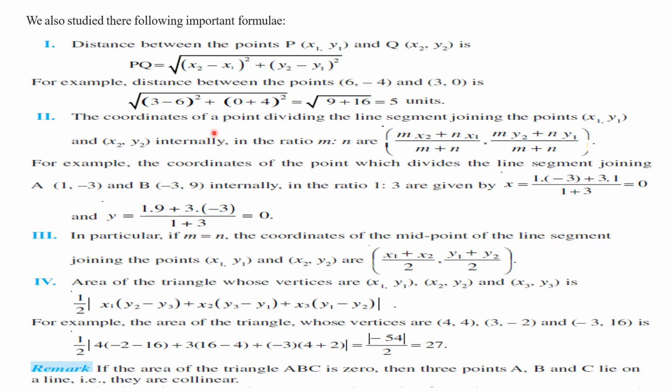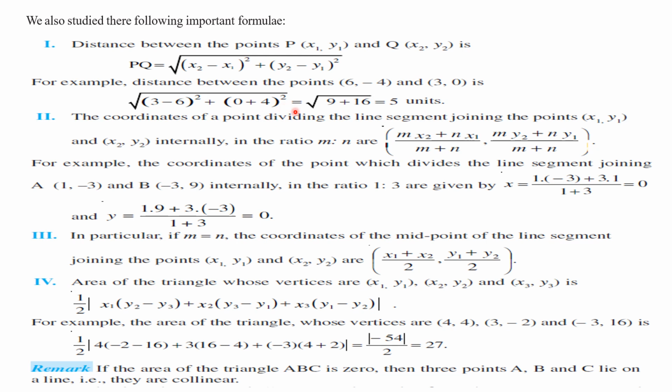So in the given formula, we substitute x2: 3 minus x1, which is 6, so (3 minus 6) whole square plus y2, which is 0 minus minus 4. What will you get? Plus 4. Understood this step, my children? Plus 4 whole square.